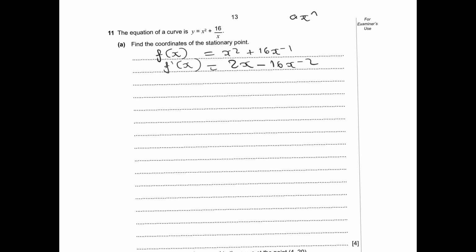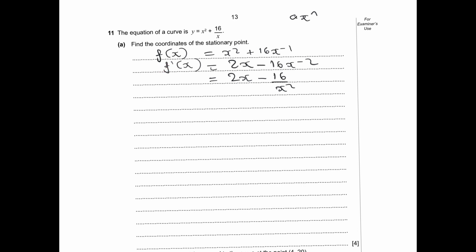Which of course, if I simplify that, because remember, this is not in simplified form because it has got a negative power, it should be negative 16 over x squared. So we convert into positive power. So that's the derivative that we are having here, f dash of x.